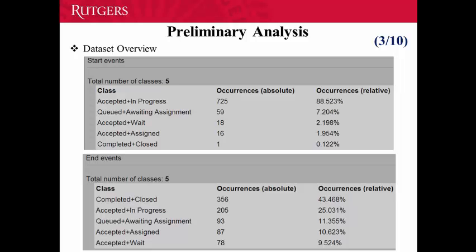And then the second table shows the end events. We can see that almost 50% of the cases end with the completed closed class, which means that for almost 50% of the cases in our data set, the problem has actually already been solved, so the case is closed.